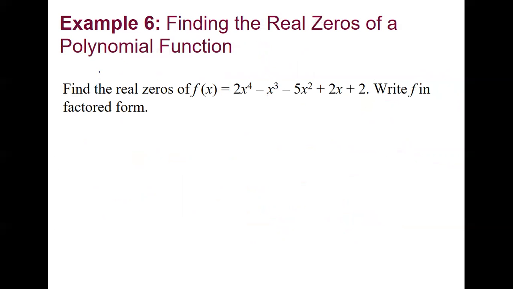So again, we're going to first find our potentials. Our potentials are based off of P over Q. P, factors of 2. And the factors of 2 are 1 and 2, right? Q, the factors of 2 again, 1 and 2.